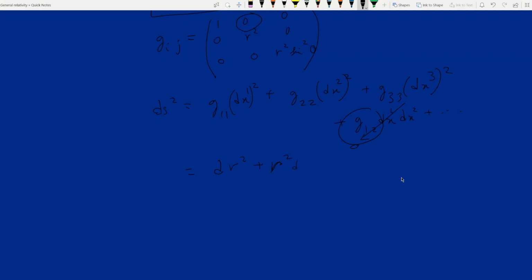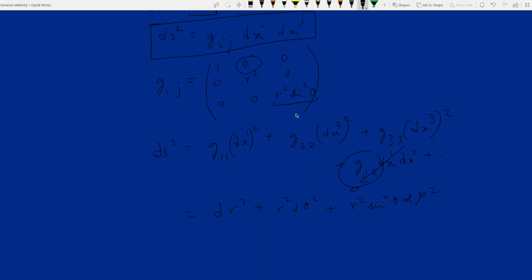So this should be d theta squared. And what's our third coordinate? Well, it's phi. And what's our g33 component? Well, it's just r squared sine squared theta d phi squared, right?